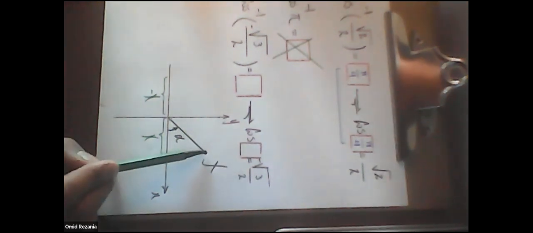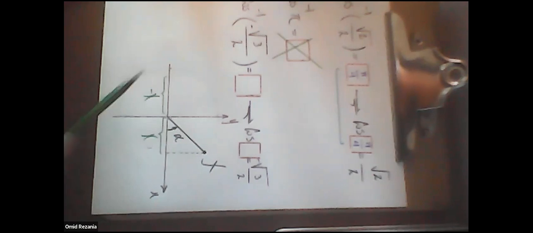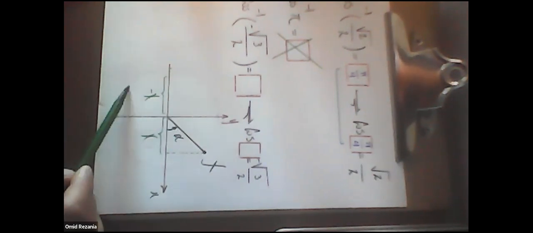Then it means that the point has been rotated, either counterclockwise or clockwise, so that it is in either the second quadrant or the third quadrant, where its projection along the x-axis becomes negative, correct? Then the x is going to be this.